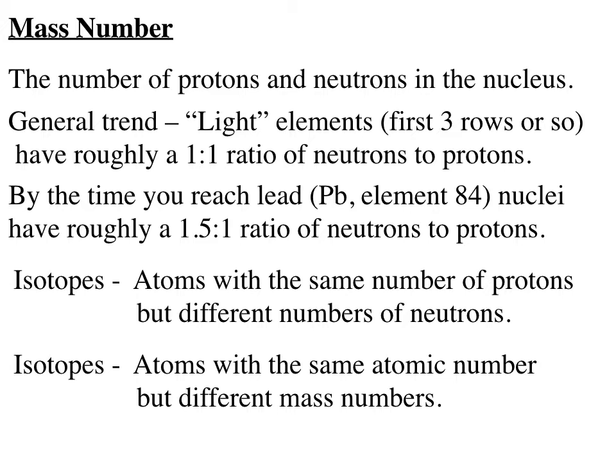So the lighter atoms with fewer protons in the nucleus, you only need essentially one neutron per proton to hold it together. But as you get further down the periodic table, rows 5, 6, 7, by the time you get near the end around lead, there's so much positive charge present in the nucleus, you need a higher ratio of neutrons to help hold that together. So by that time, you've got about 1.5 neutrons per proton holding these nuclei together.